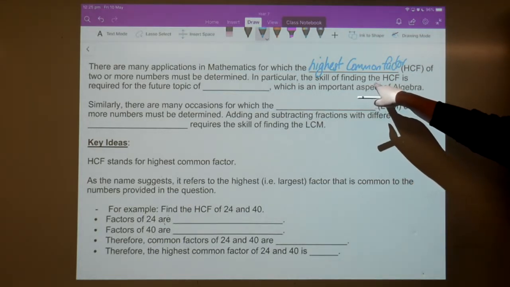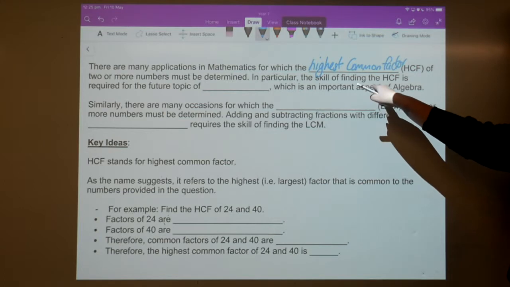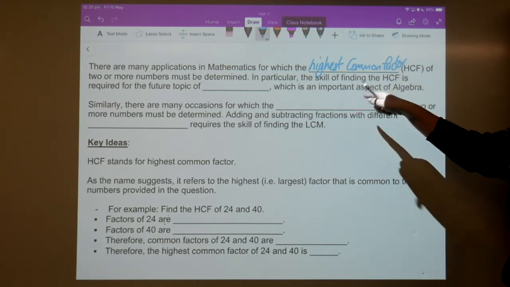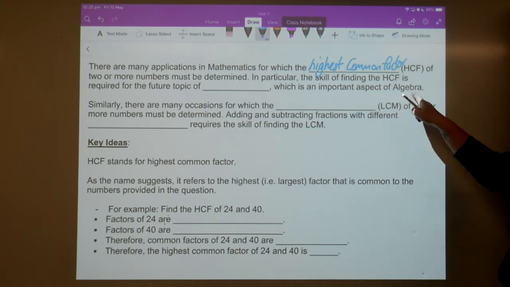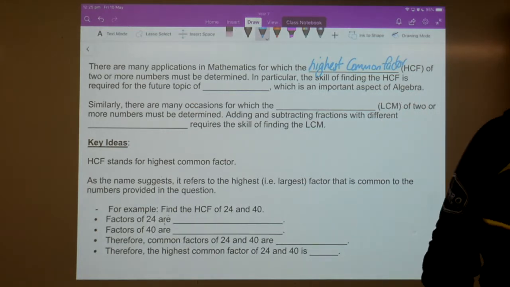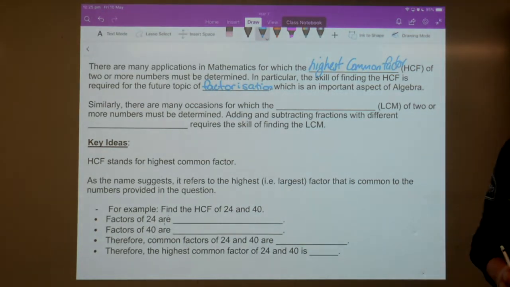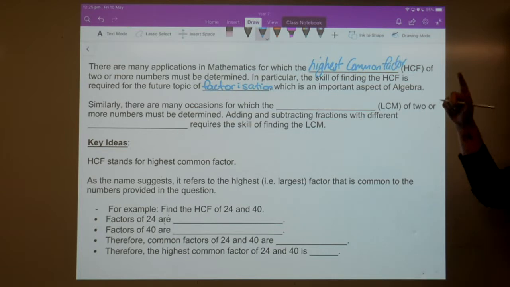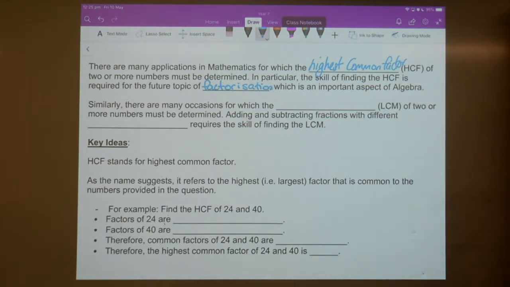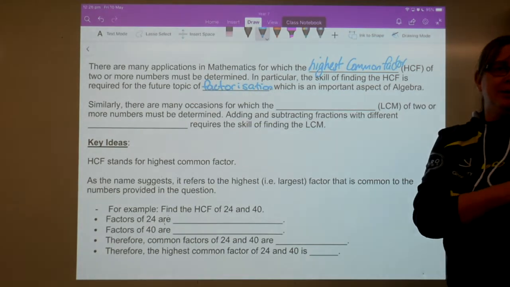One particular skill that's not too far away, where you start getting really into this sort of stuff in year 9, is part of algebra, and it's called factorization. Factorization is where you need to be able to find factors of a range of different types of expressions. So not just numbers, but also algebraic expressions that have letters in them as well. So we need to learn the basics now, so we can do that then. We good so far?